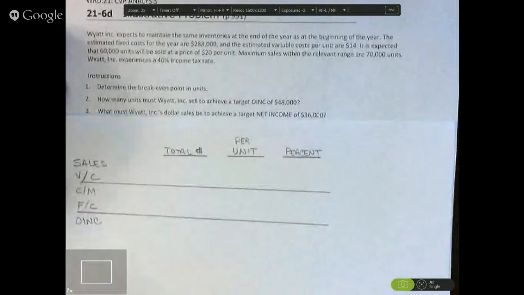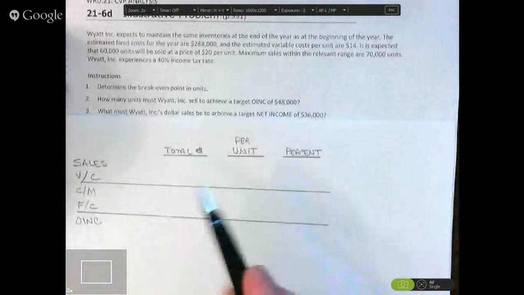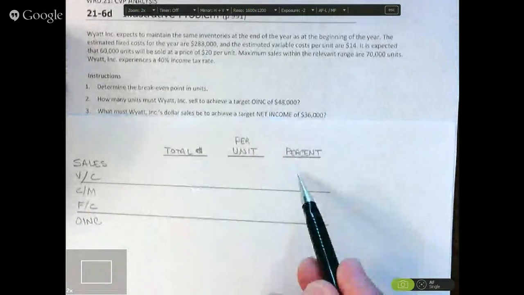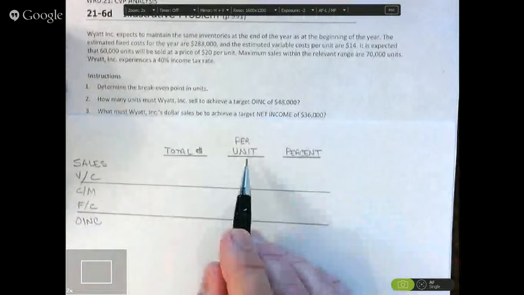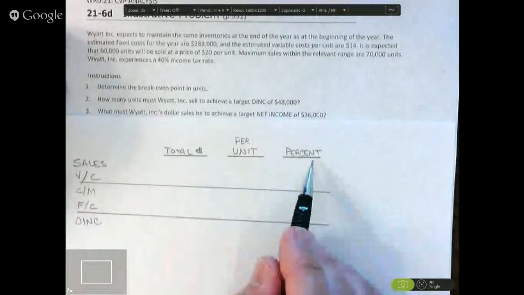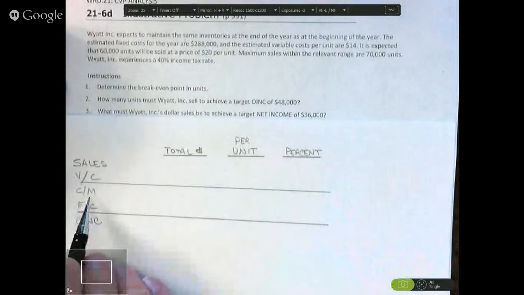Here's the trick. Review the problem, and then complete as best as you can the information for total dollars, per unit amounts, and percentage relationships, and then go about what you need to do to calculate this contribution margin.